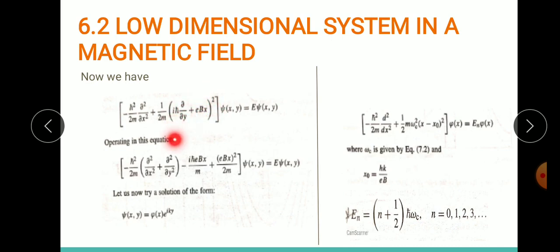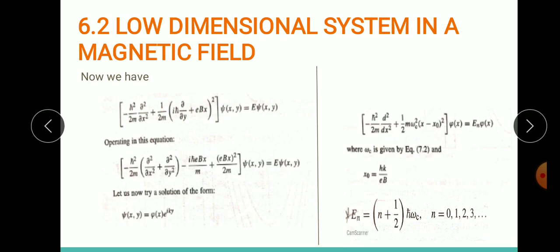So a square will give you i square h square dou square by dou y square. i square is minus, so it is minus h square by 2m dou square by dou y square. Let me combine these terms because even here it is minus h square by 2m. So I have this term minus h square by 2m dou square by dou x square and this expansion, right.